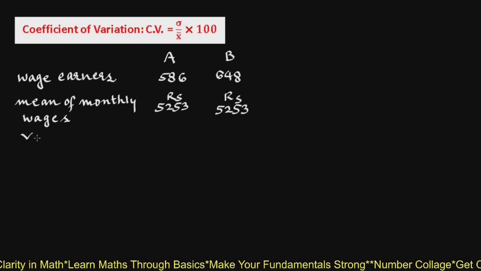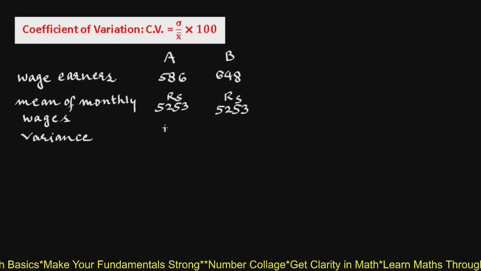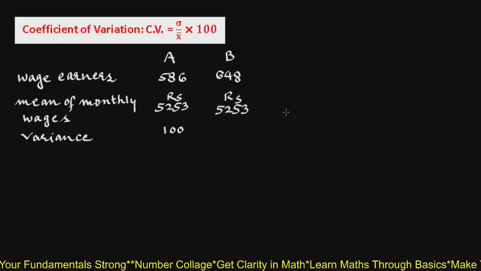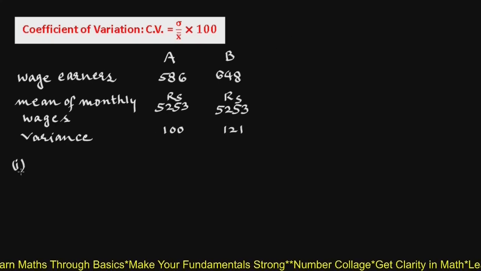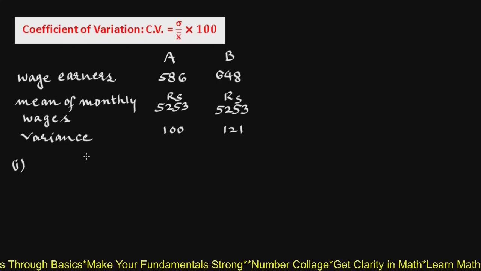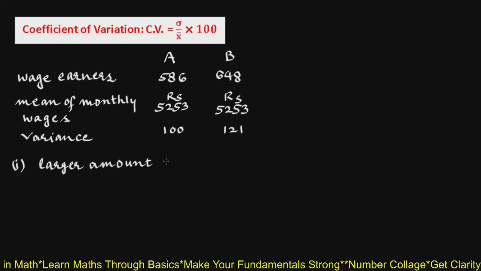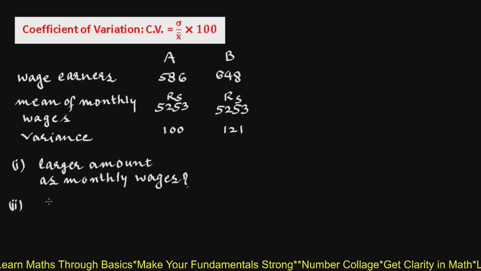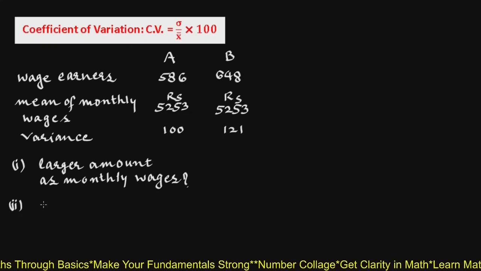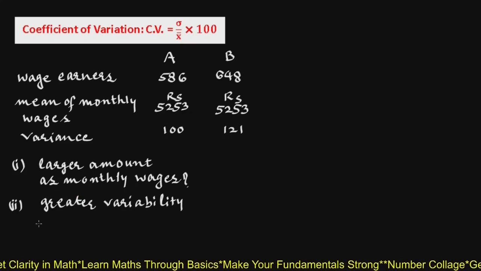Variance of distribution for firm A is 100 and that for firm B 121. We have to find number 1, which of the firms A and B pays larger amount as monthly wages. Number 2, which of the firms A or B shows greater variability in individual wages.